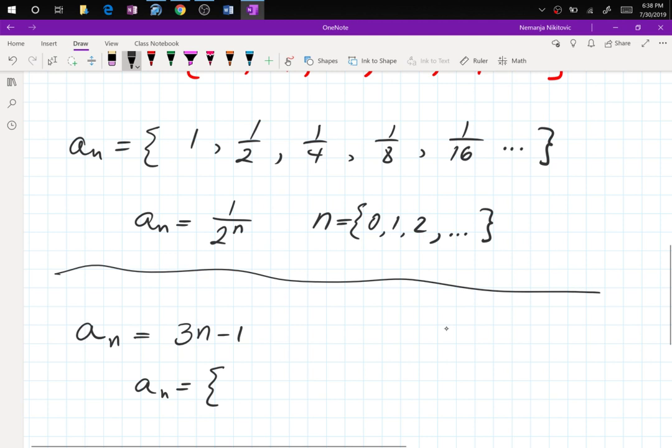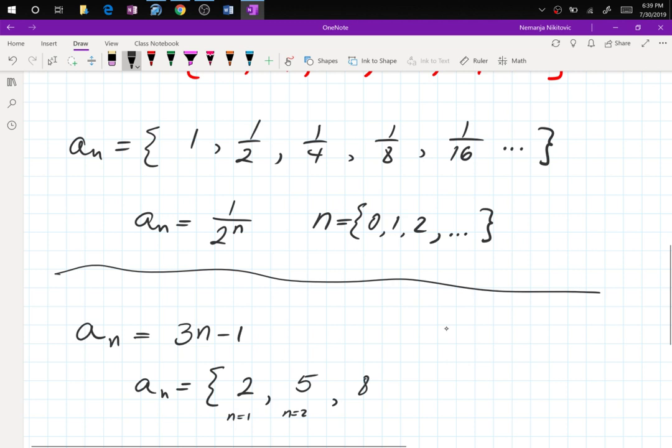You will understand that we actually don't care what's happening at the beginning of the sequence. We care about what we call the tail end. So we'll talk about these things. So let's say you start at 1. So n equals 1 is the first one. So that's going to be 2. And then the next one, n is 2. So that's 5, because 2 times 3 is 6, minus 1 is 5.